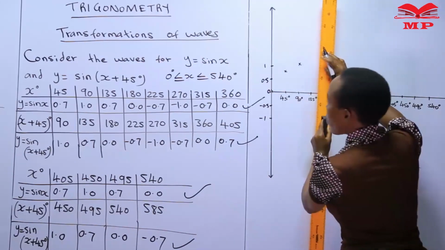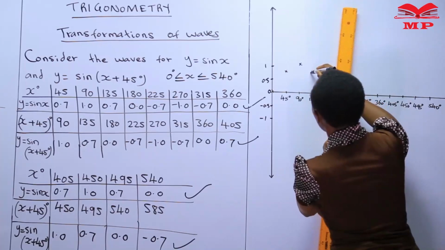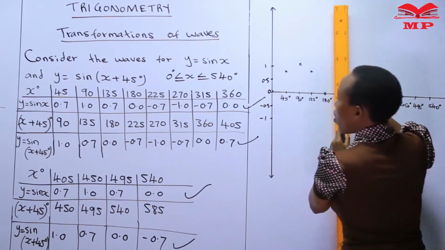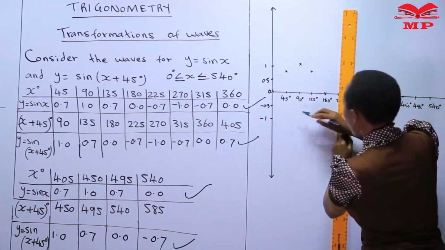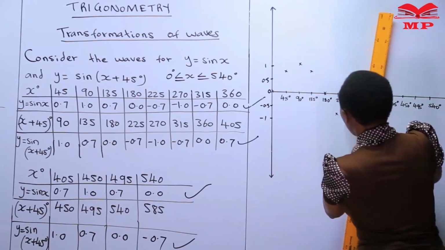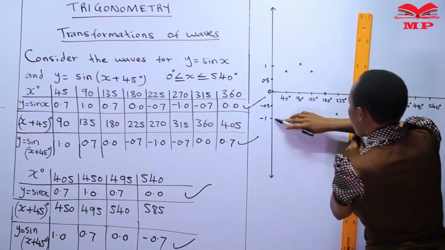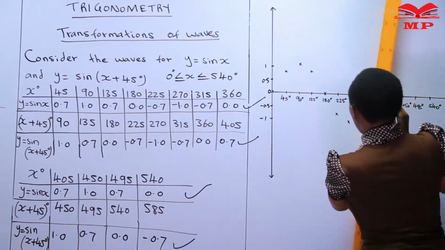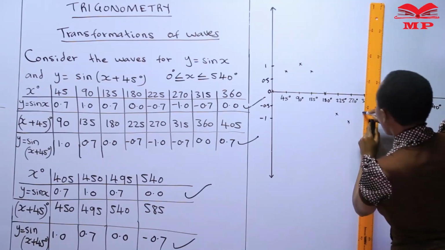Then at 135, 0.7, which is here again. At 180 we have 0. At 225 we have negative 0.7. At 270 we have negative 1, which is down here. Then at 315, negative 0.7.